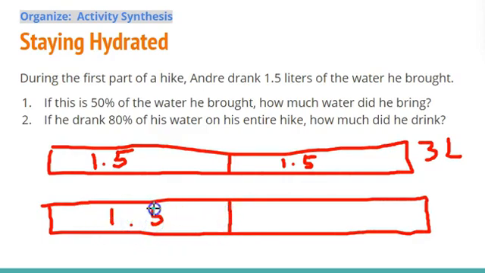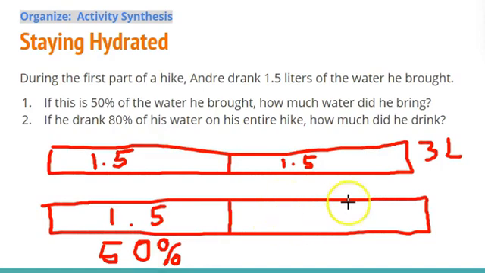So I can just use 1 5/10 for the 50% of that, right? Now, I still have 1 5/10 liters, and I need to break that up. I need 30% of that, right? Because I need to get a total of 80%, because 50 and 30 make 80%.